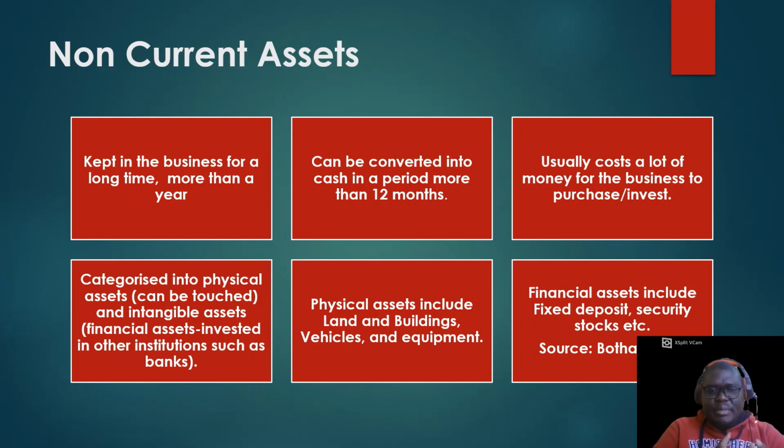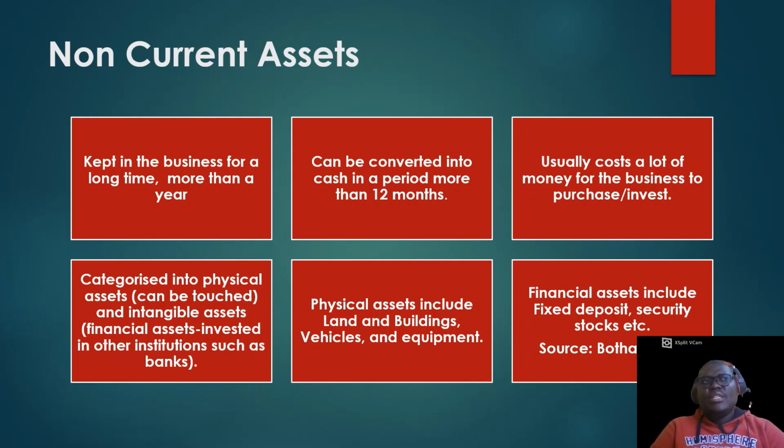Just remember that in terms of financial assets, we are putting money in other institutions. The money is not within our institution. Then in terms of physical assets, we are talking about your land and buildings, your vehicles, and your equipment, as I stated before. Financial assets, we are talking about fixed deposit.